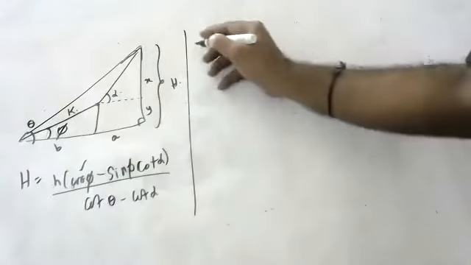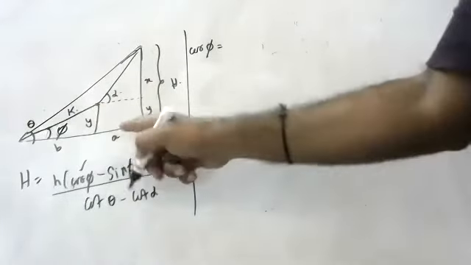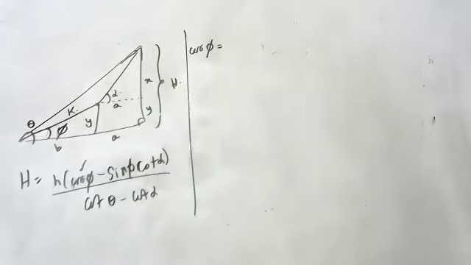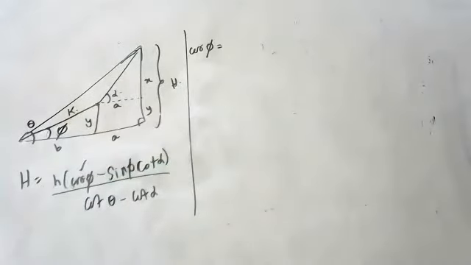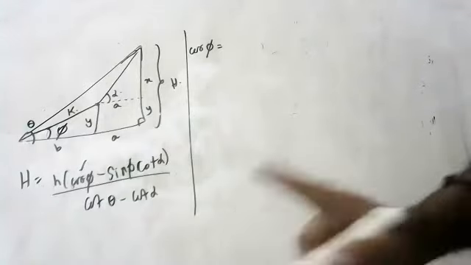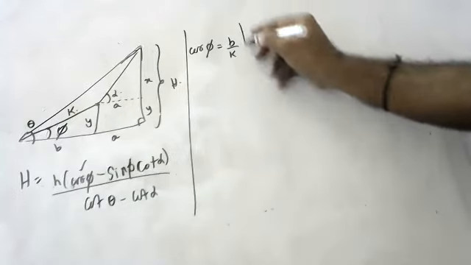Let us find first cos phi. Anyone help me, what is cos phi, children? It is b by k, adjacent by hypotenuse.